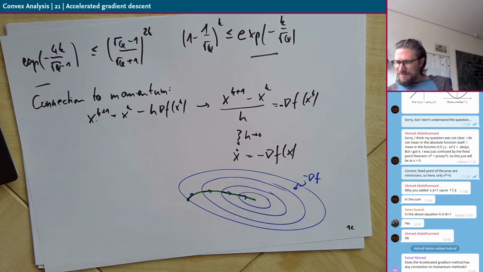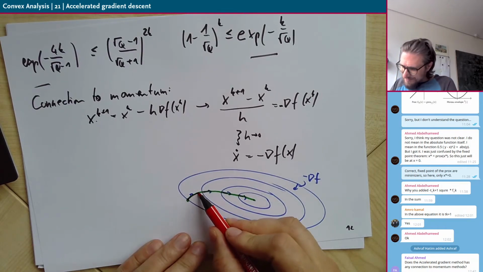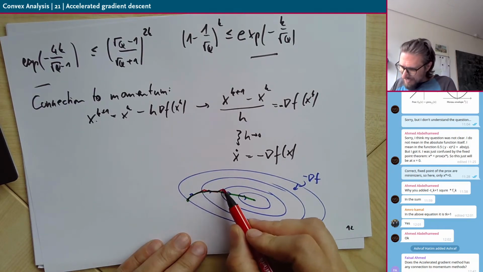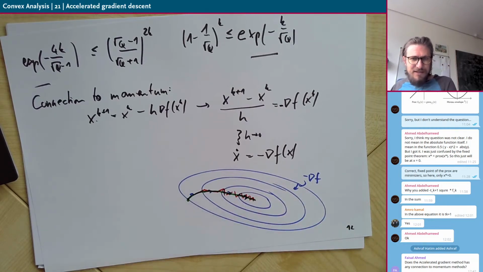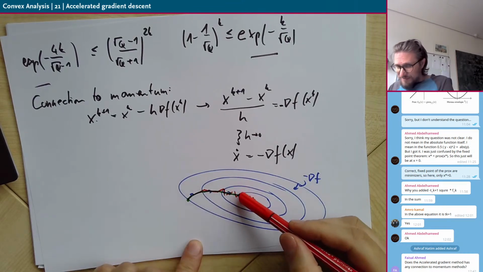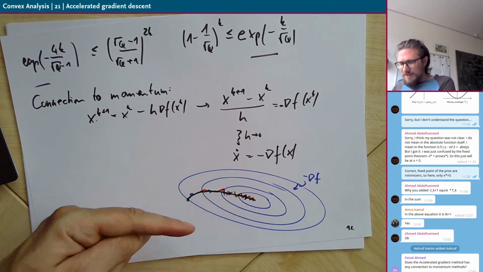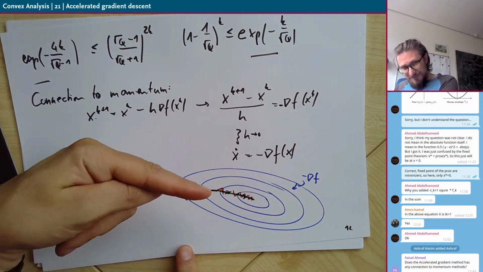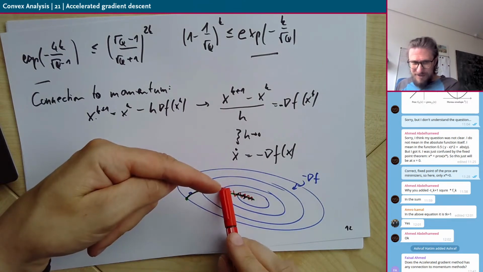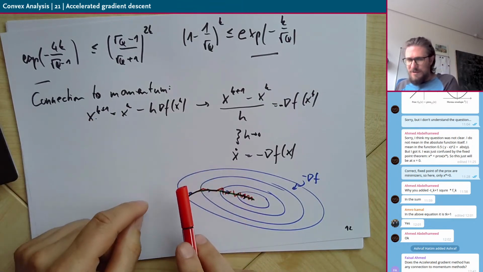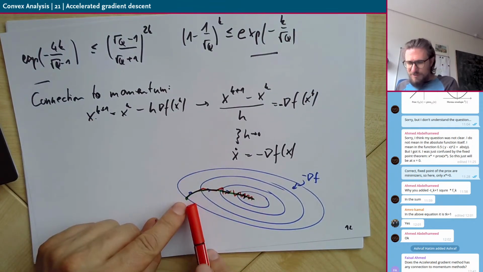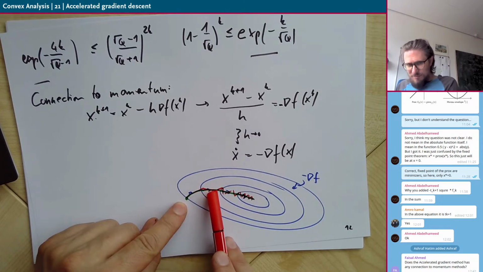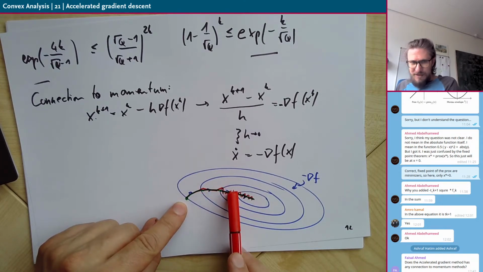Numerically, what happens is that you have steps over here, and you end up with slight oscillations in this direction, and these oscillations do not cancel out. So the minimum is this way, but numerically you always see oscillations like that. Of course, if you start from here, you go directly to the minimum. But if you start from here, you go like this, and numerically you will not get rid of oscillations in these directions.